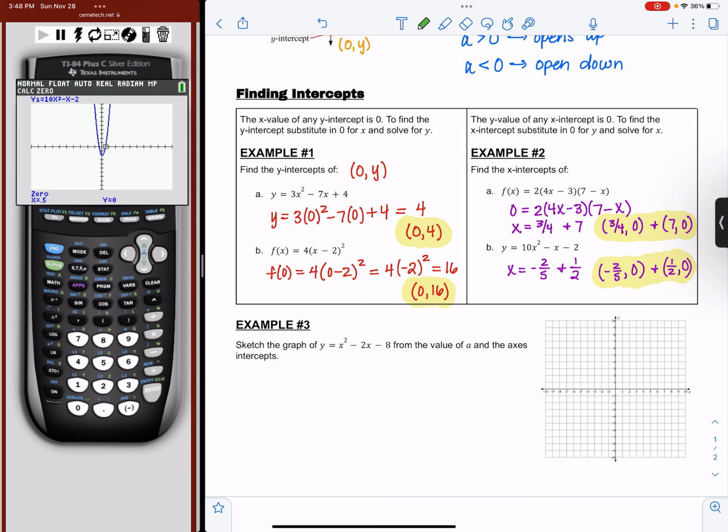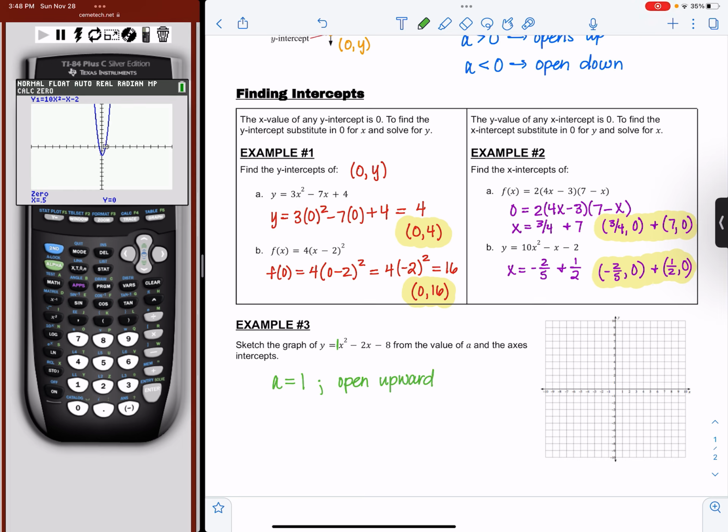Here, a is equal to 1, because that's a 1x squared. Because a is 1, we already know this is going to open upward.